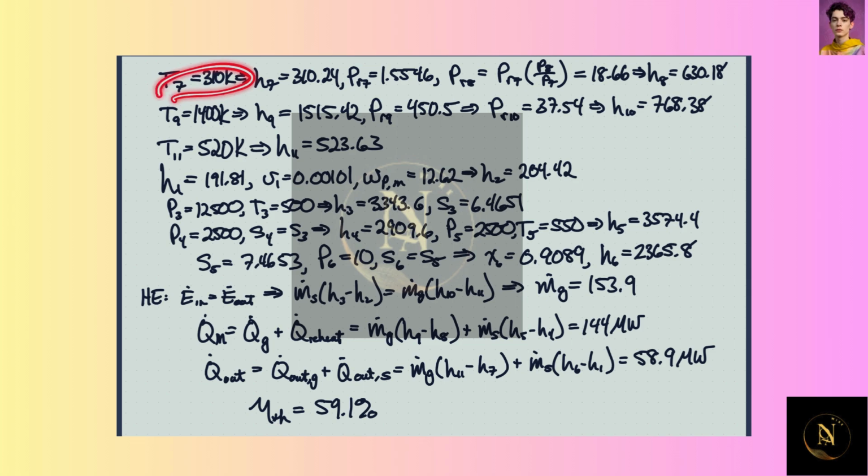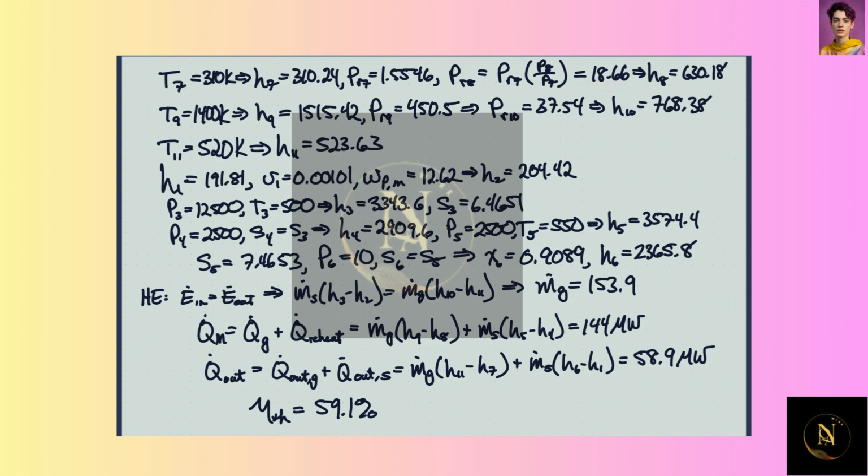So if we know the temperature at the inlet of the compressor, we can get the enthalpy and this relative pressure, and then we can get the relative pressure at the exit of the compressor, because we know the pressure ratio through the compressor. This is 12. So then that relative pressure winds up being 18.66.